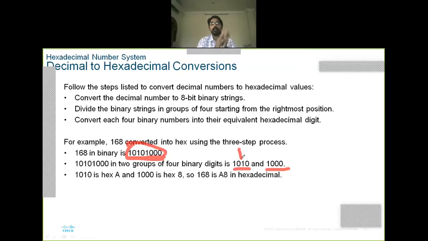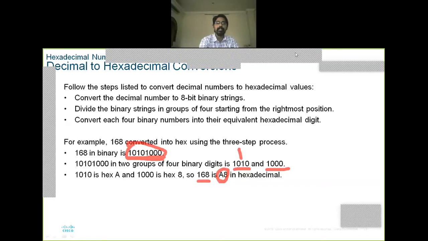The equivalent for 1010 is A. The equivalent hexadecimal for 1000 is 8, right? So the conversion of 168 to hexadecimal is A8. The decimal value 168 is equivalent to hexadecimal A8. This is the way we can convert our decimal number into hexadecimal.